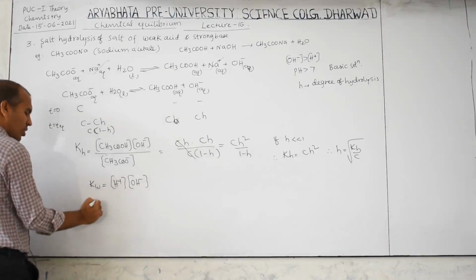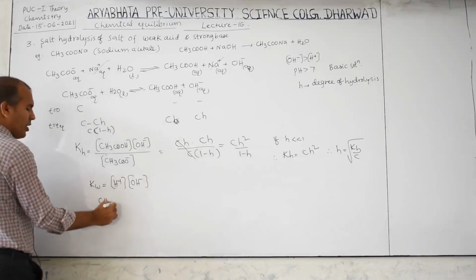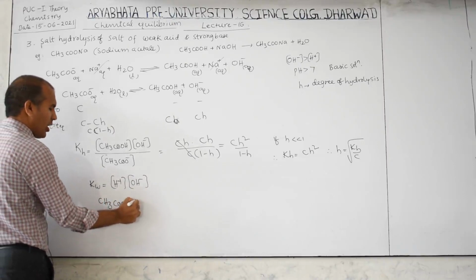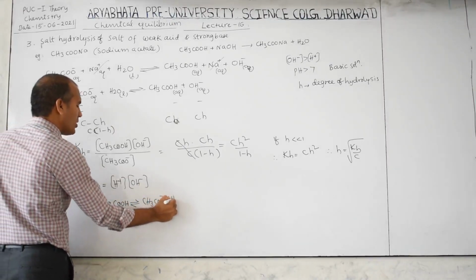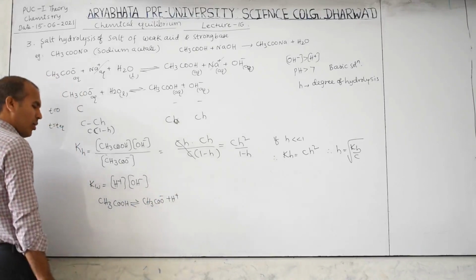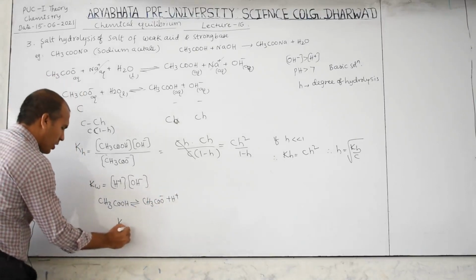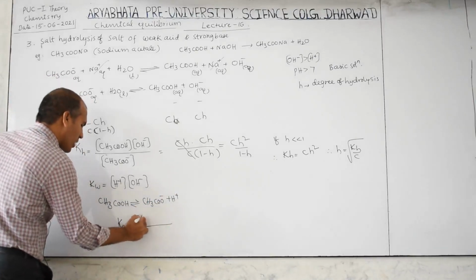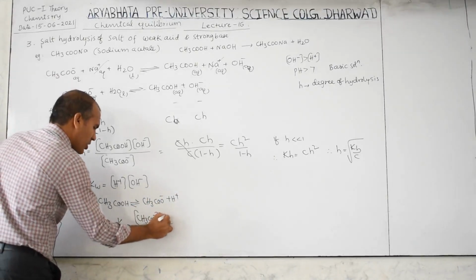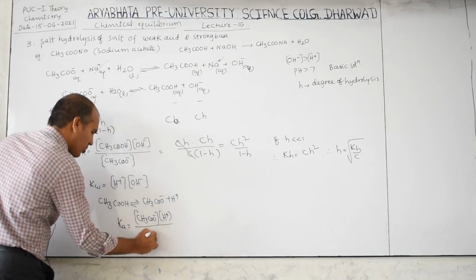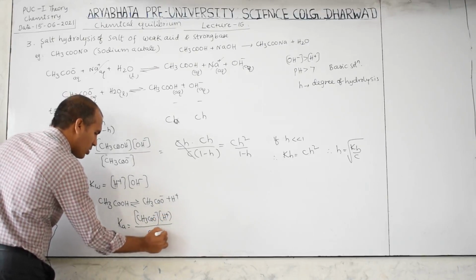Now, how does the weak acid ionize? CH3COOH ionizes into CH3COO minus plus H plus. Therefore Ka is equal to products by reactants: CH3COO minus concentration and H plus ion concentration, and the denominator is the acetic acid concentration.